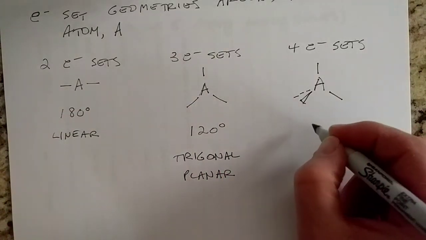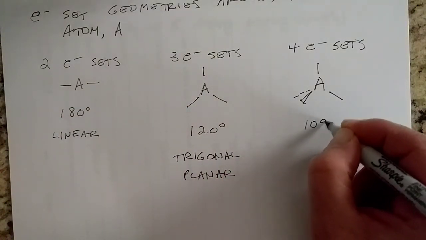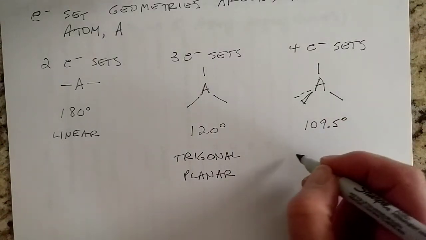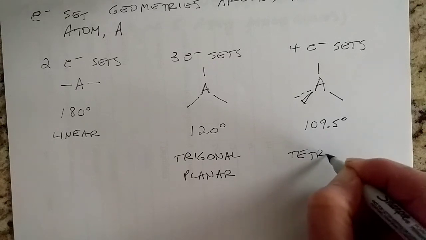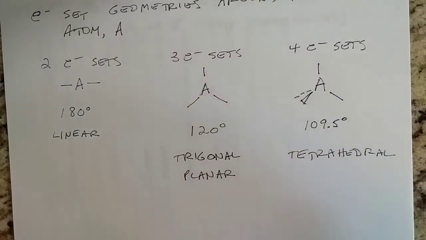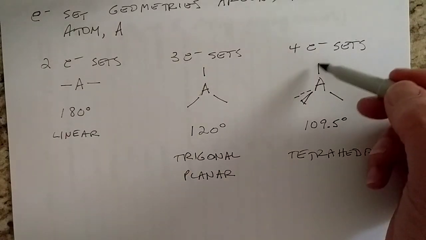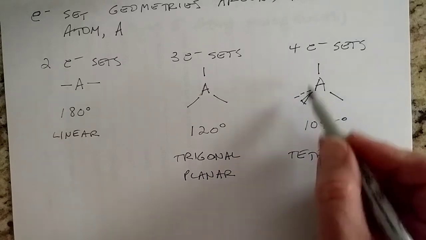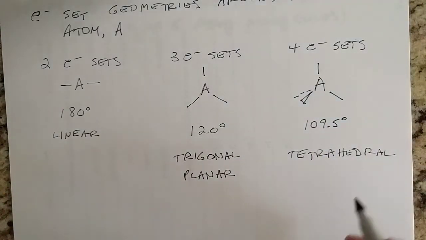So our angle here, as I mentioned, is 109.5 degrees, and we call this tetrahedral geometry. If we were to connect all of the endpoints for our electron sets, we would get a figure called a tetrahedron.